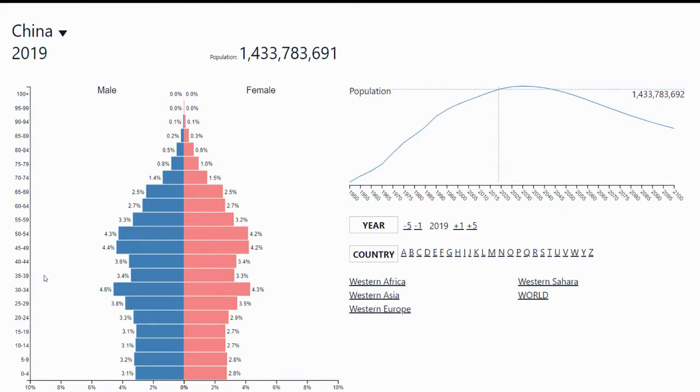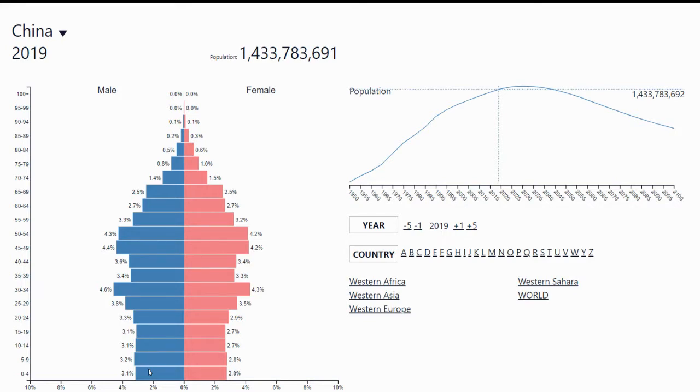This is when China had the one-child policy. So that's when it was restricting how many children you could have. And so in that 10-year period, when people had fewer children, there are obviously fewer of them making up a percentage of the population. And you can see that these parts of the graph are wider than the ones at the bottom.